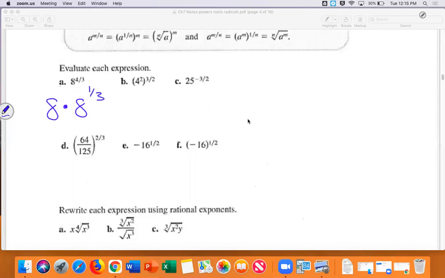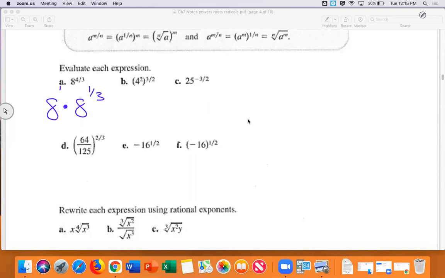Where did I get it? Well, 3 went into 4 1 time. That's where that 8 to the 1st came from. What was left was 1/3. So that's where 8 to the 1/3 is. To evaluate it, I know what 8 to the 1/3 is. That's 2. I could evaluate that easily as 16.